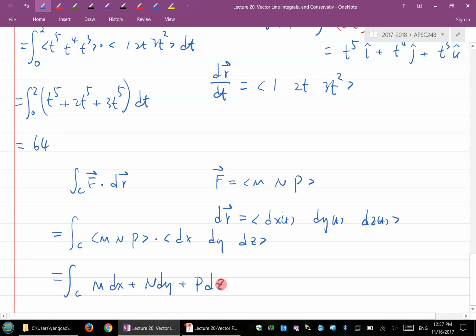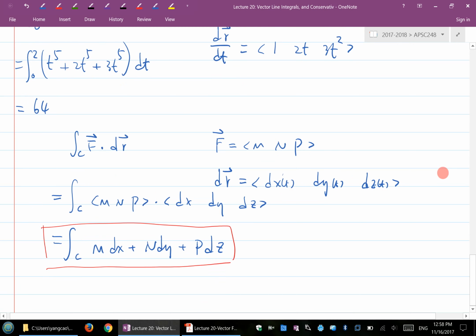So this is basically another possible starting point for this vector line integral.